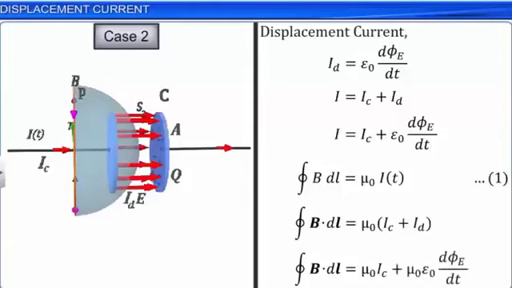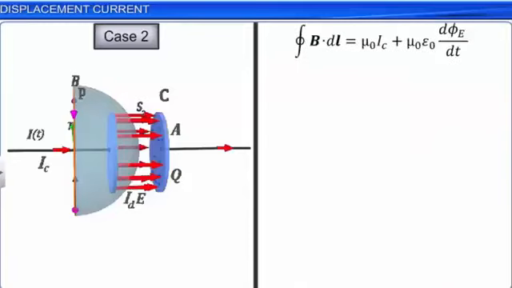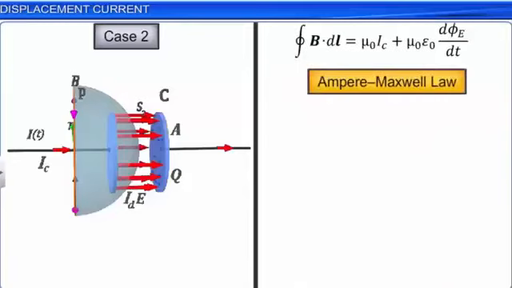In explicit terms, when the point P is considered outside the capacitor, the source of the magnetic field at that point is only the conduction current, since outside the capacitor plates the displacement current ID is 0. Thus, the integral over the closed loop B dot dl is equal to mu naught into IC.